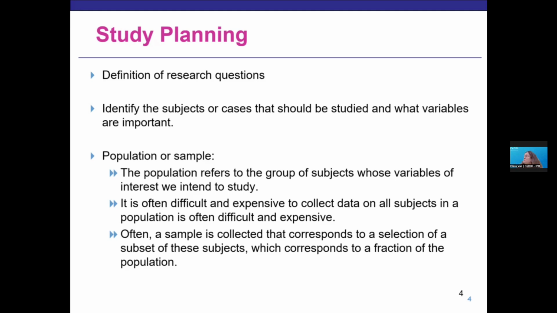Regarding these subjects or cases, it is very important to take into account if we have the availability of all the cases, all subjects that correspond to the population, or we only have a sample, a set of cases from this population.